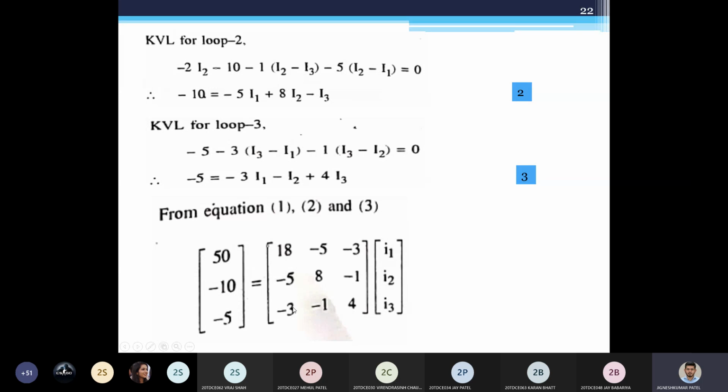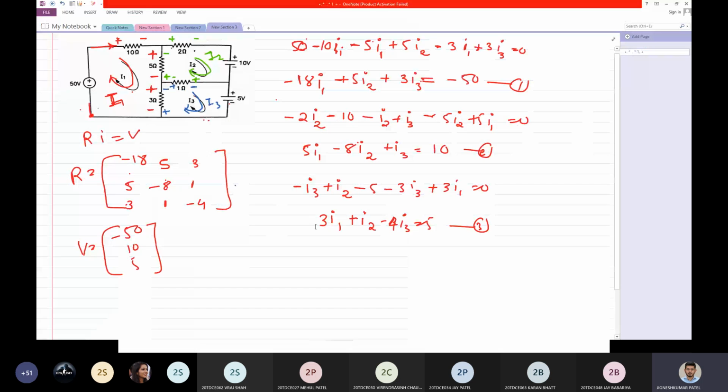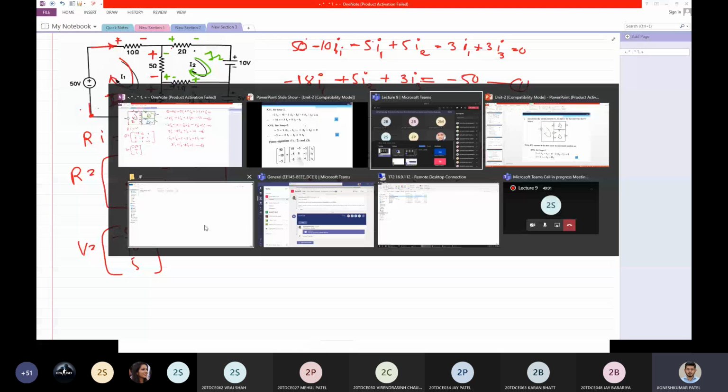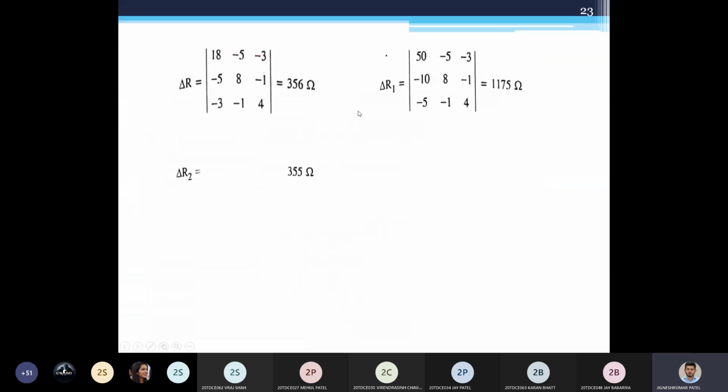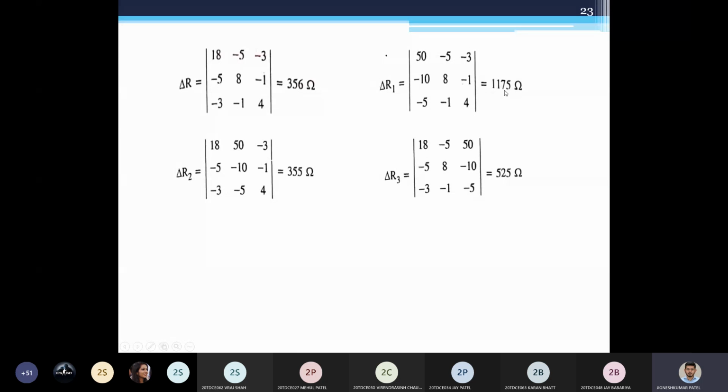But if I solve this with Cramer's rule, I'll get the same values of delta R1, R2 and R3. Then also I'll get 355, 1175 and 525.